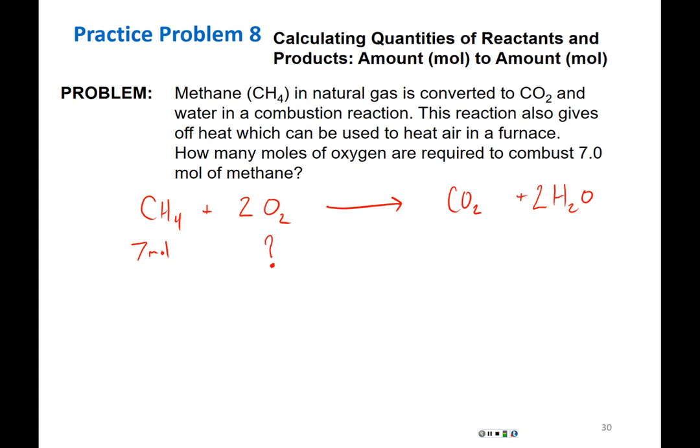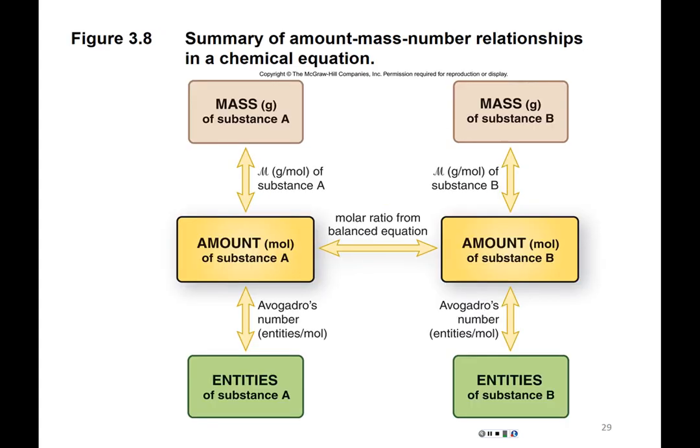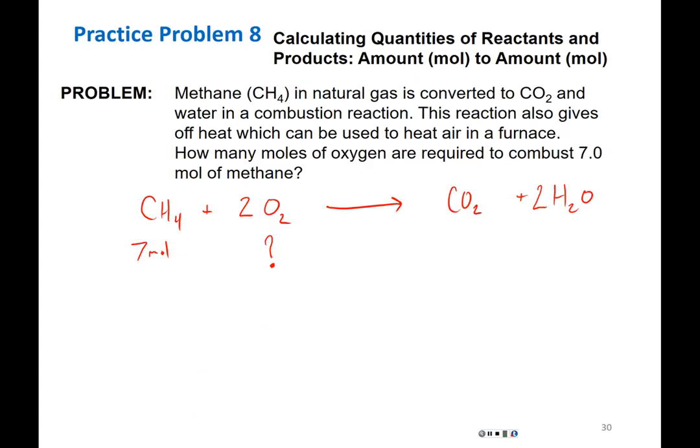So some people get a little confused here, but really you can convert the number of moles directly. And if we think back to our roadmap, if we're trying to get amount of compound A into amount of compound B, all we use is the molar ratio from our equation, right?